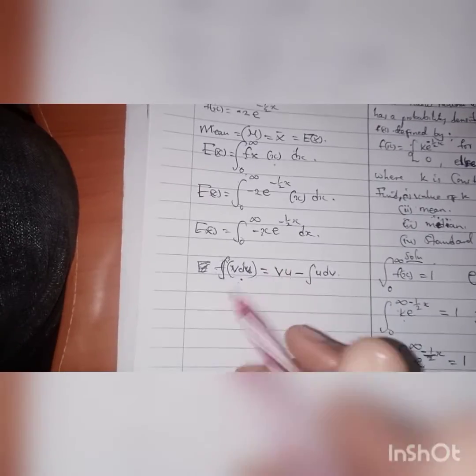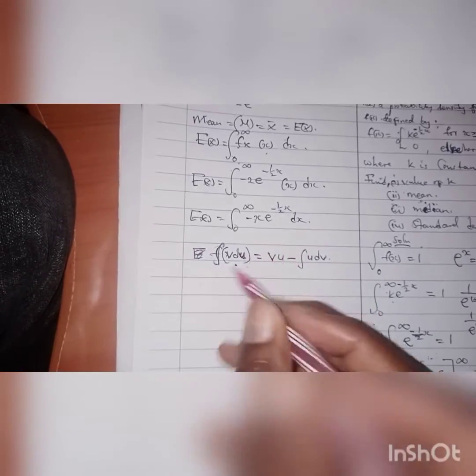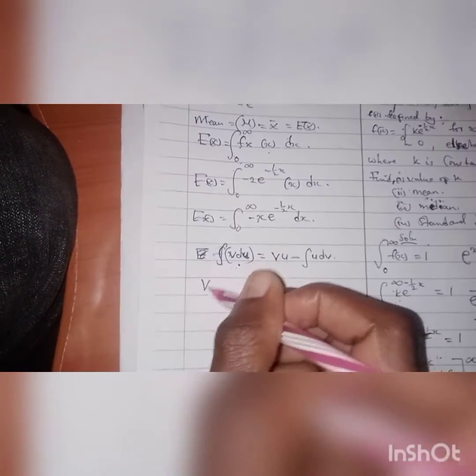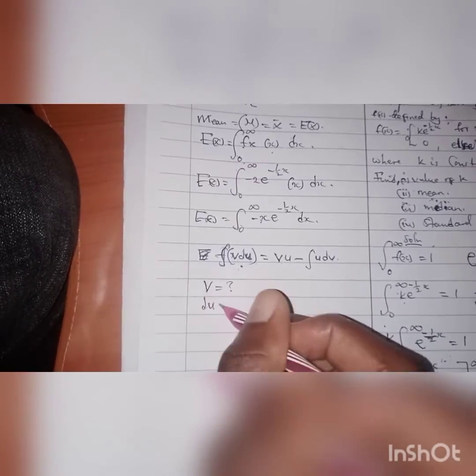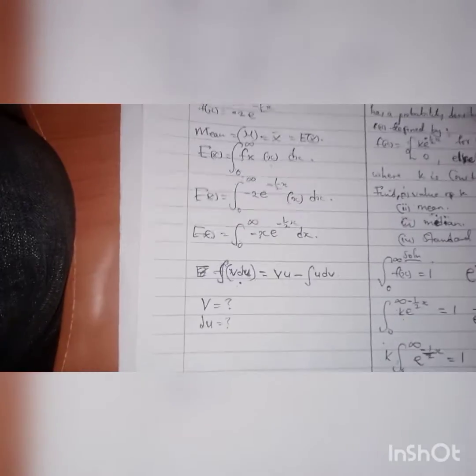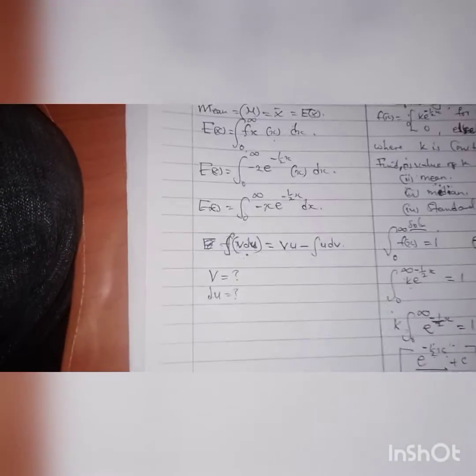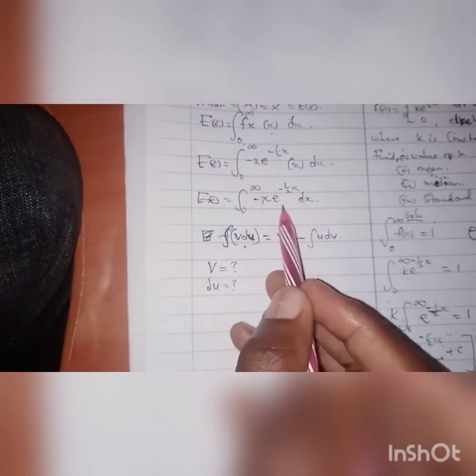Therefore, you have to set your v to be something and also your du to be something. Now, let me give you the secret of handling such a function with an exponential.